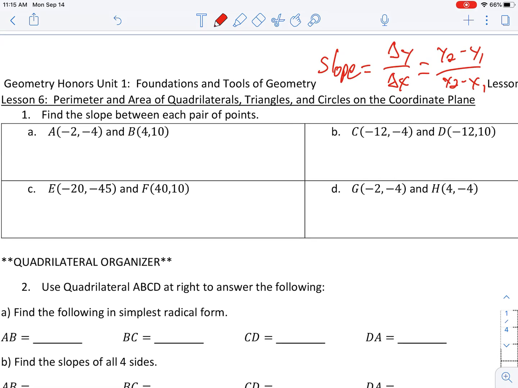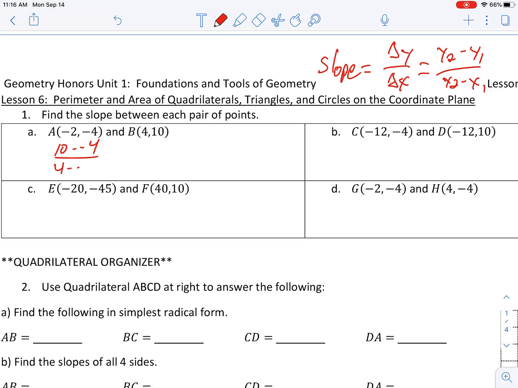On letter A, change in the y's over change in the x's. I'm going to go straight to 4 minus negative 2 over, sorry, I didn't do the y's, did I? Let's try this one more time. Change in the y's: 10 minus a negative 4.